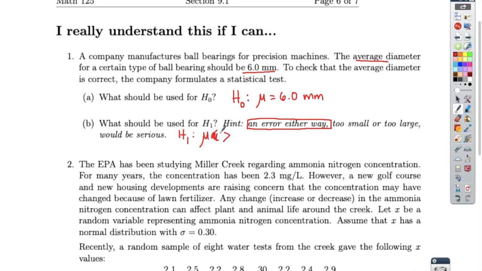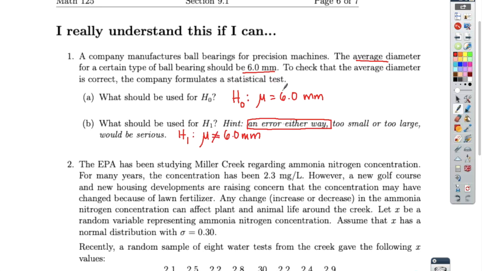It says an error in either direction would be serious. So our alternate hypothesis is going to be a not equal to. If it's different than 6 in either direction, that would be serious. So that is our alternate hypothesis.